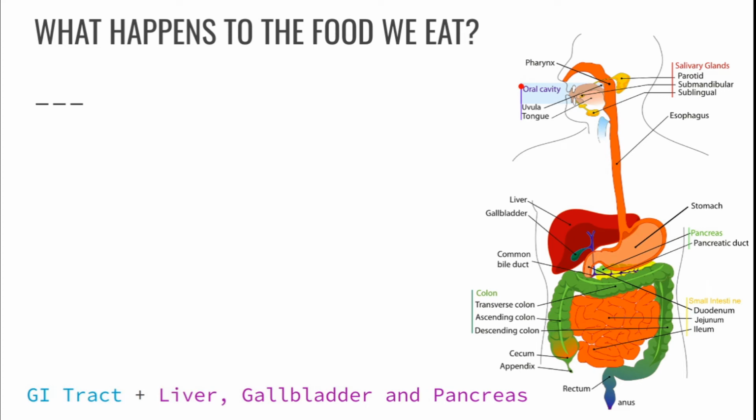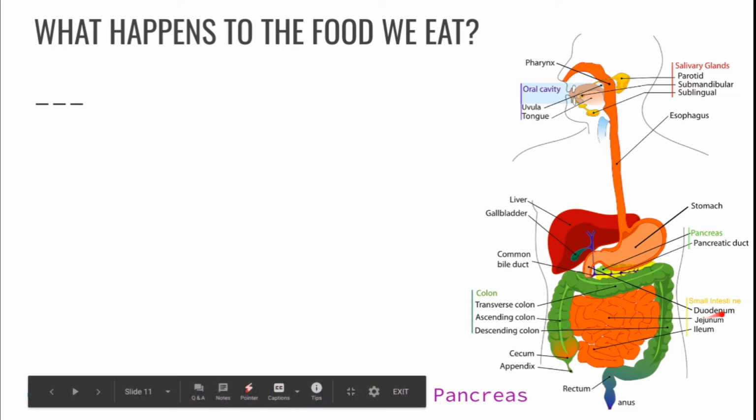Now let's have a look at the GI tract in detail. So the first is the mouth, and then we have an esophagus, and then we have a stomach, and this stomach is connected to the small intestine, and the small intestine has three parts. The top part is called the duodenum, the middle one is called the jejunum, and the last part is called the ileum.